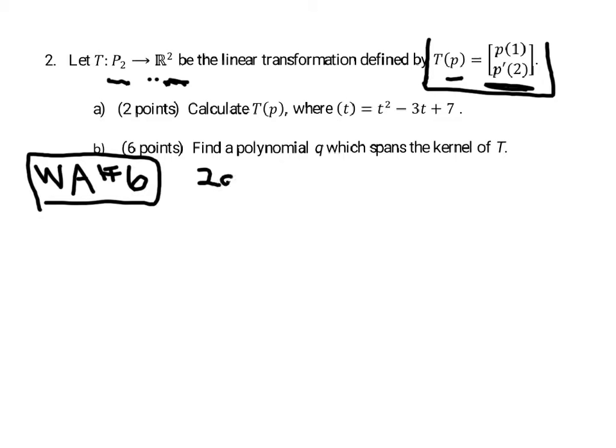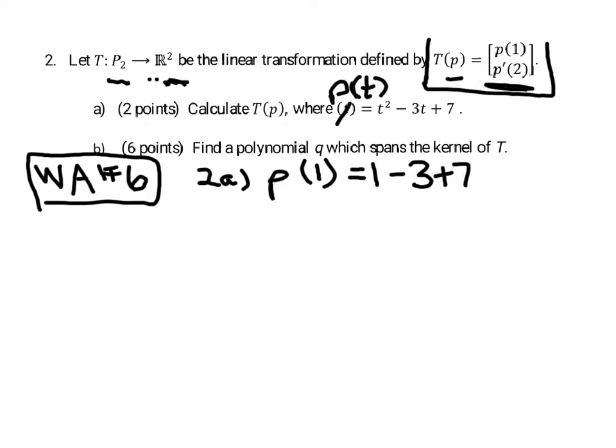So to do 2A, we have to find P of 1 for this, and this should say P of t, I'm sorry about that. So P of 1 for this particular polynomial would be 1 squared minus 3 times 1 plus 7, so negative 2 plus 7, so positive 5 here. And to find P prime of 2, we'd first want to find the derivative in terms of t of this function, remember.